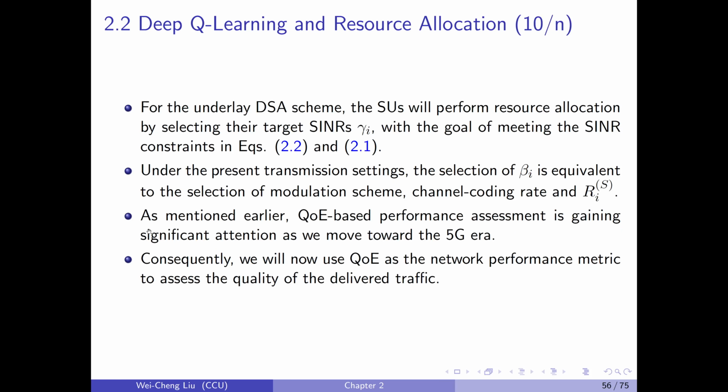As mentioned earlier, QoE based performance assessment is gaining significant attention as we move toward the 5G era. Consequently, we will now use QoE, where QoE means the quality of experience, as the network performance metric to assess the quality of the delivered traffic.